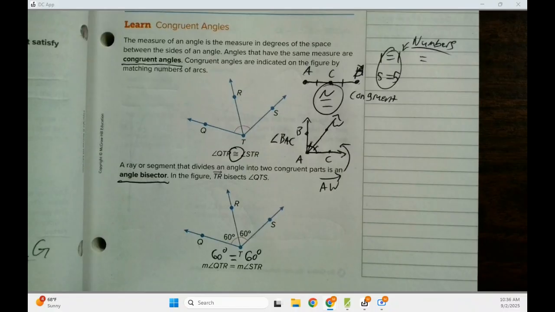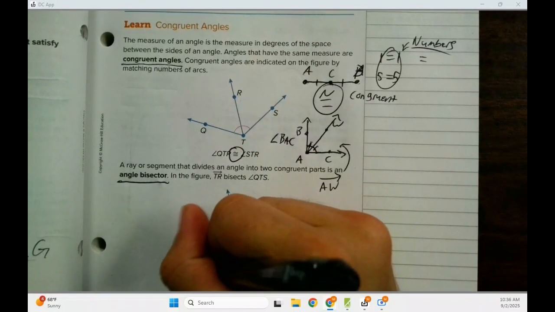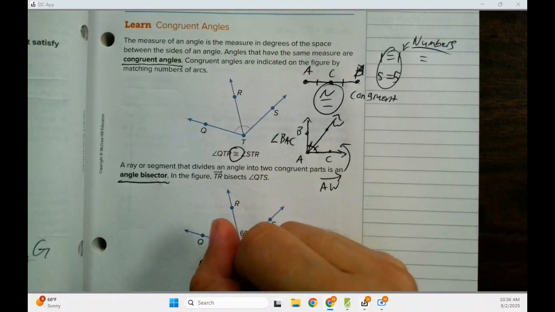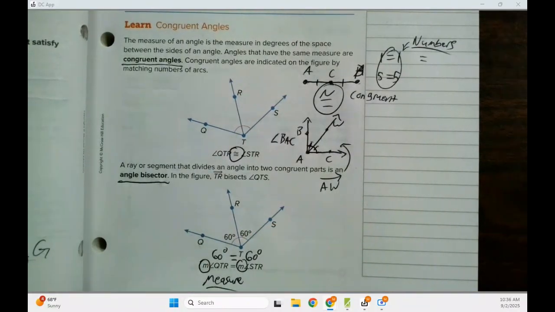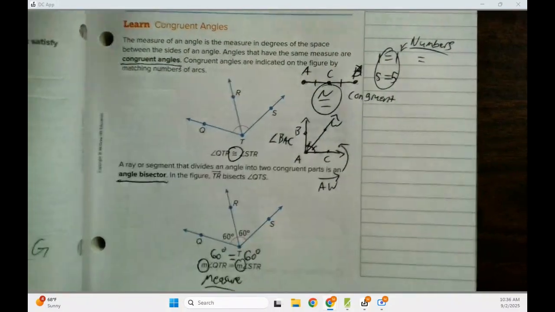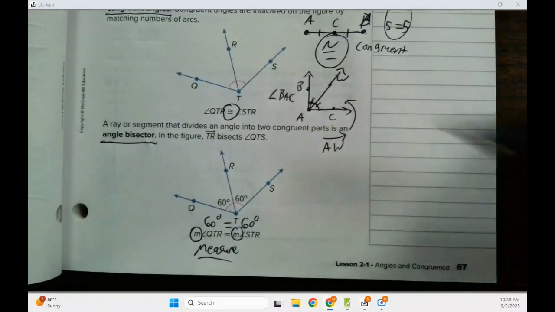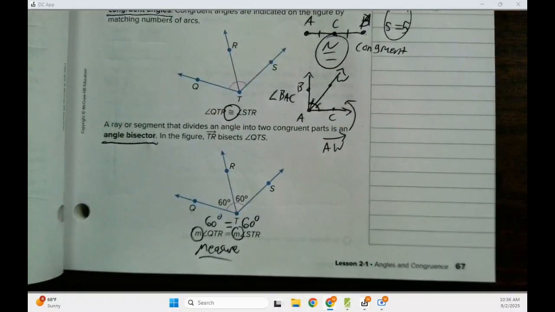The distinguishing thing to help us out here is whenever we have a tiny little letter M outside of the angle symbol. That M stands for measure. The measure of angle QTR, which is different than just the angle itself, QTR.